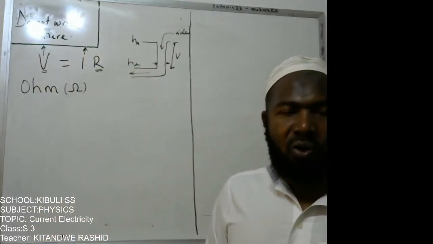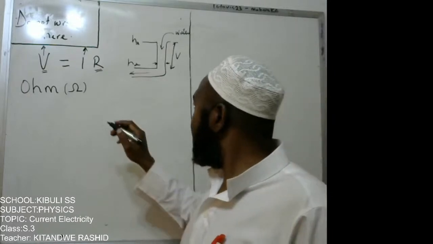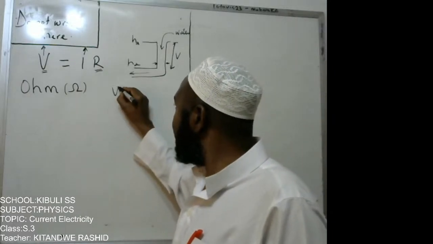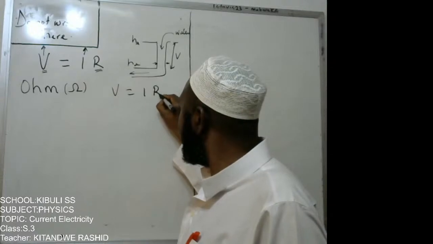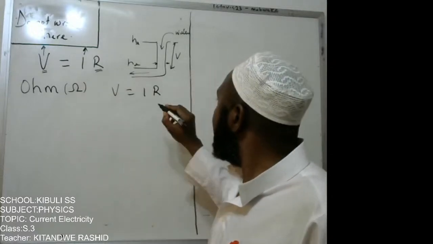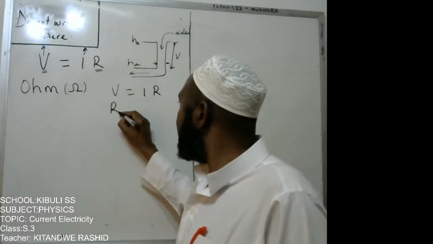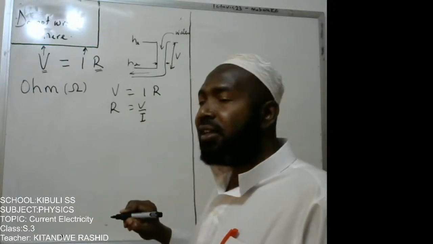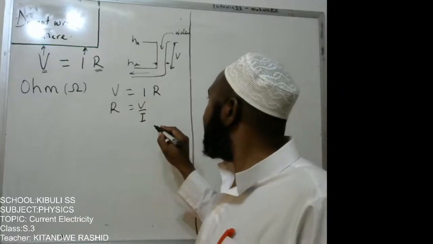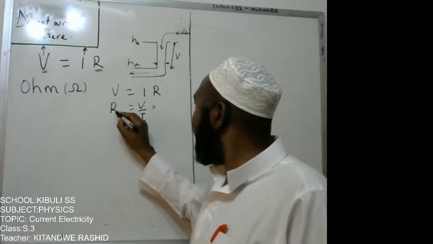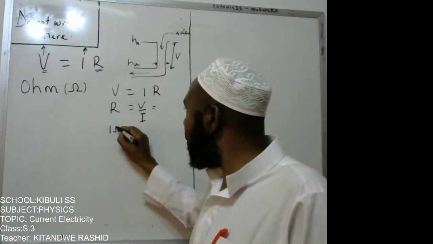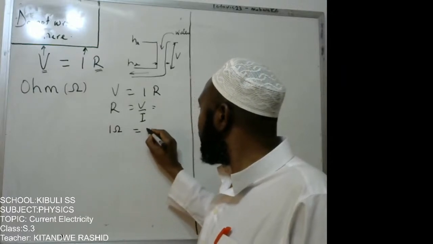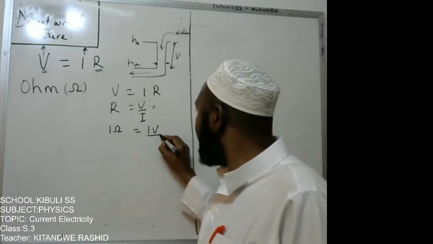Definition of an ohm. You see, from this formula, V is equal to IR, resistance is now going to be V over I. It implies that a resistance of 1 ohm is equal to 1 volt over 1 ampere.